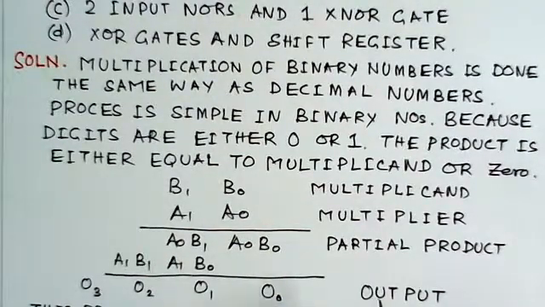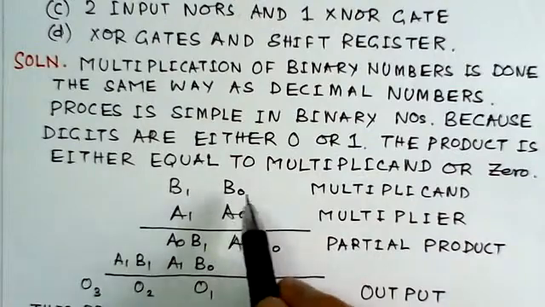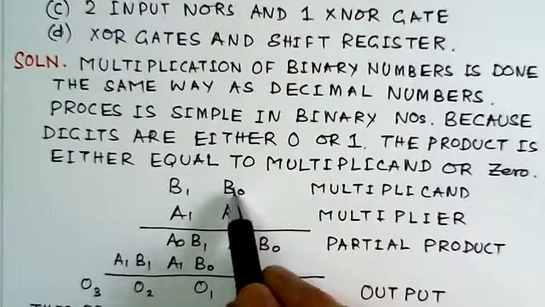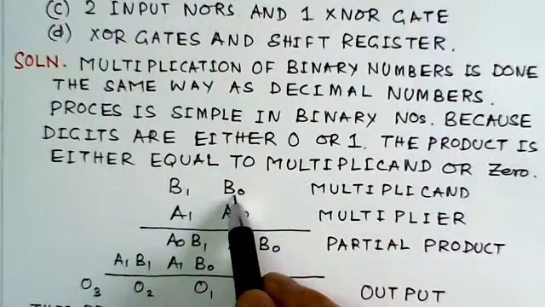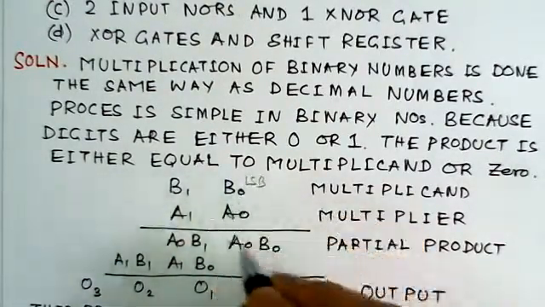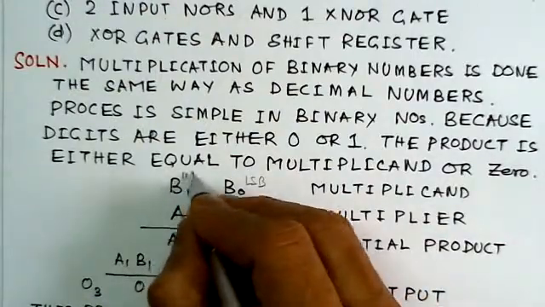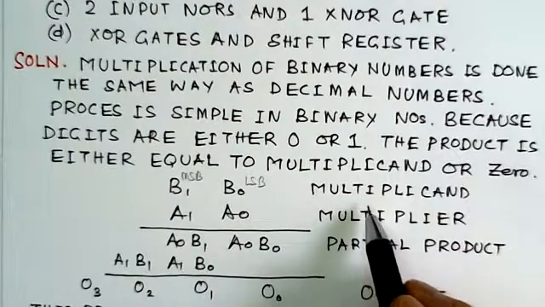So we have taken here an example of a 2-bit binary multiplier. There are 2 2-bit numbers. The first number is B1, B0. This is LSB, and this is MSB. We call this the multiplicand.